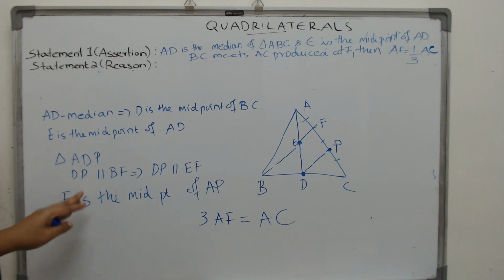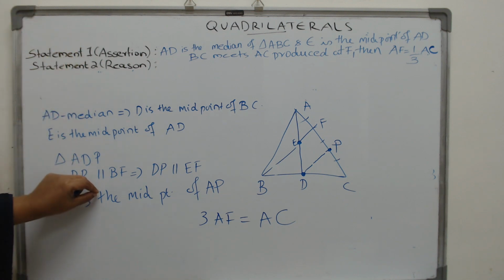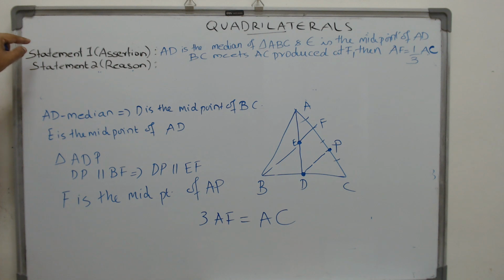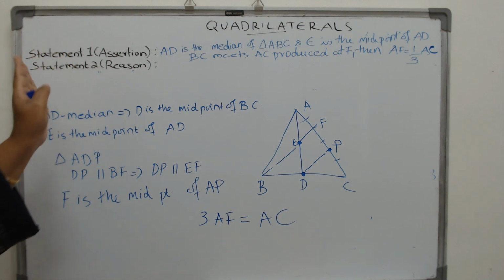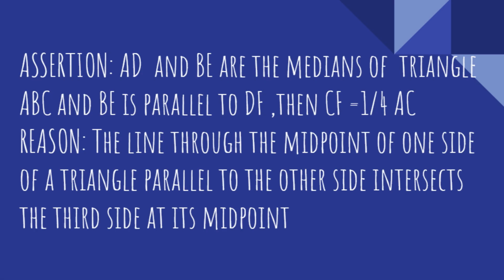In both the cases, what we have used is its converse. So please be careful when you see the reason. Is it the reason you have used to prove the first statement? Only then it is the right reason. So both are correct, and this is exactly the reason.